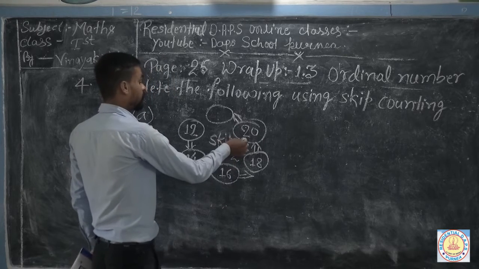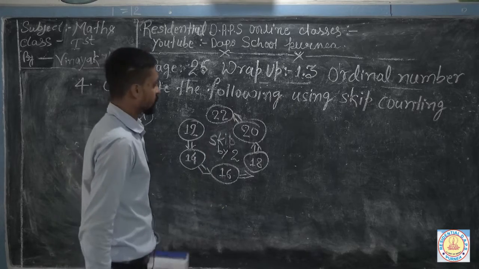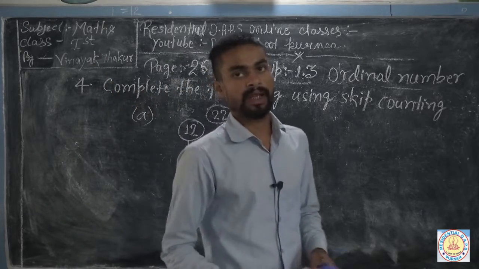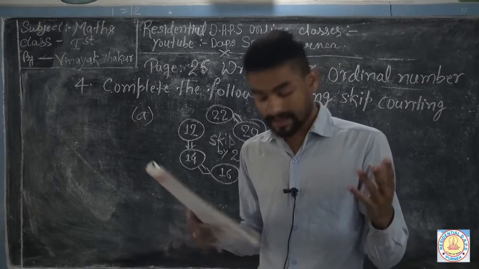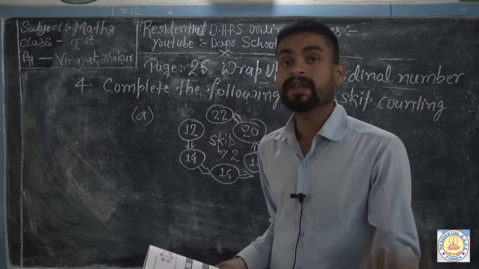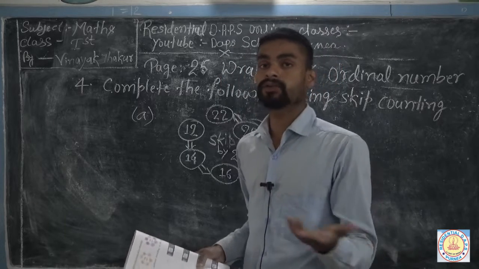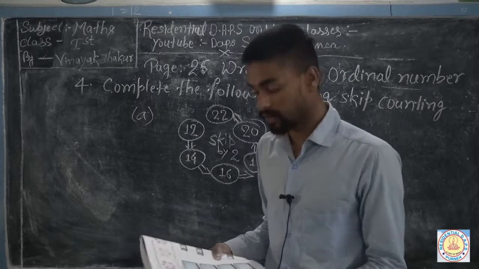And if you add 20 plus 2, then your next number 22 is represented on your blackboard or your copy. So you can easily find your answer by skipping any numbers like 2, 3, 4, 5, 6.